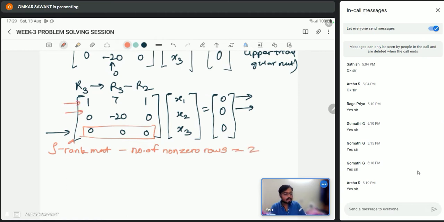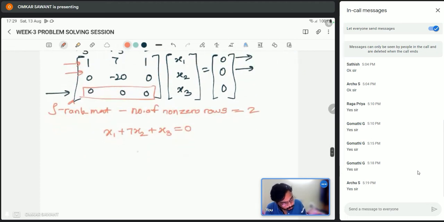So the rank of the matrix is 2. So we will use these two equations. From these two equations, what do we get? x1 plus 7x2 plus x3 is equal to 0, minus 20 x2 is 0. So this implies x2 is 0.